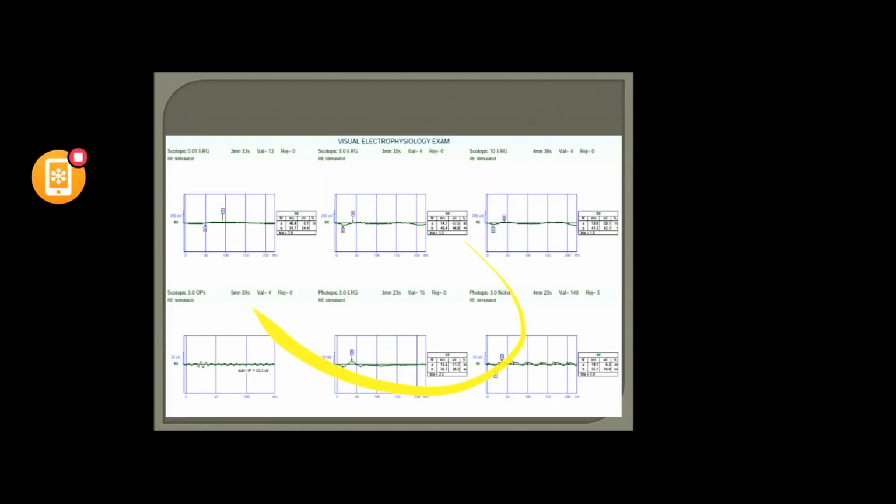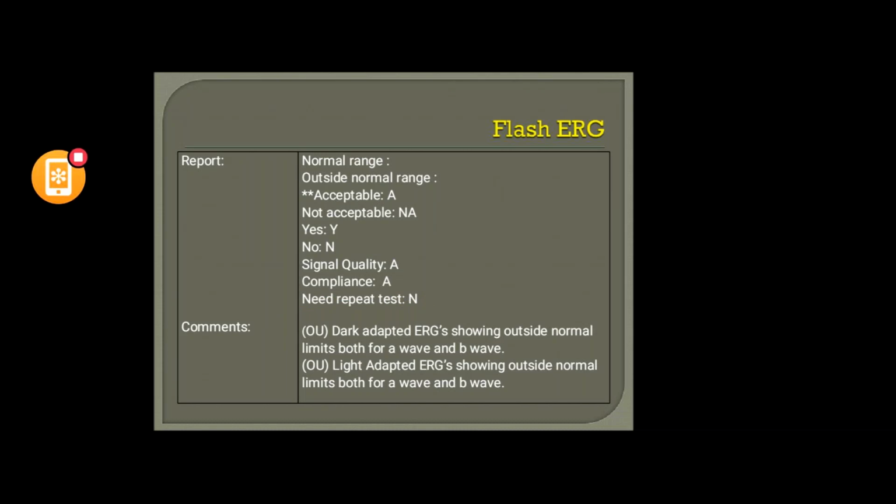At the end, you note the patient complaints, whether the report is acceptable or not acceptable, how the signal quality is, whether the graph is properly formed or not, and at last you should have your own comment. One electrophysiologist should have his or her own comments in the comment box.